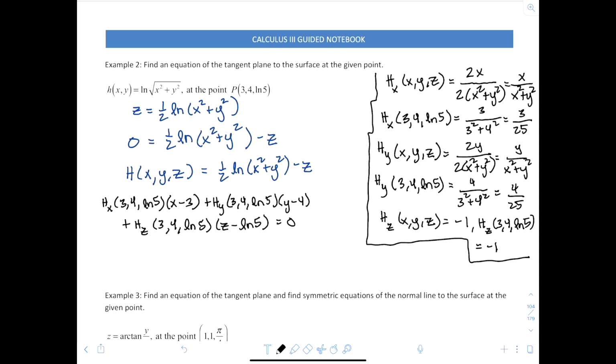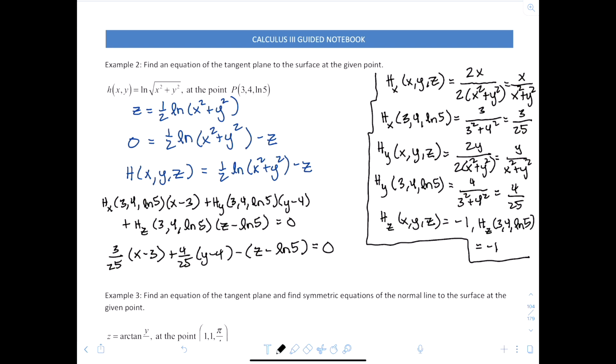And so simplifying from the work we did over here, we'll have 3/25 times x minus 3 plus 4/25 times y minus 4, and then minus the quantity z minus natural log of 5, and that's all equal to 0. Cool?